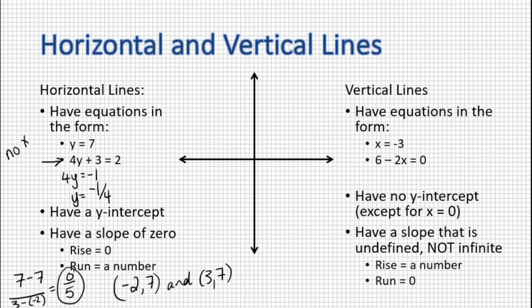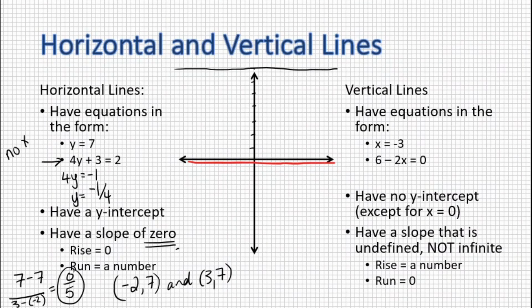Okay, so horizontal lines have a slope of 0. That's important. And how do I draw them? You just find your spot. 2, 3, 4, 5, 6, 7. Here's y equals 7. Y equals 1/4, or negative 1/4, is very close to the x-axis, just like that.